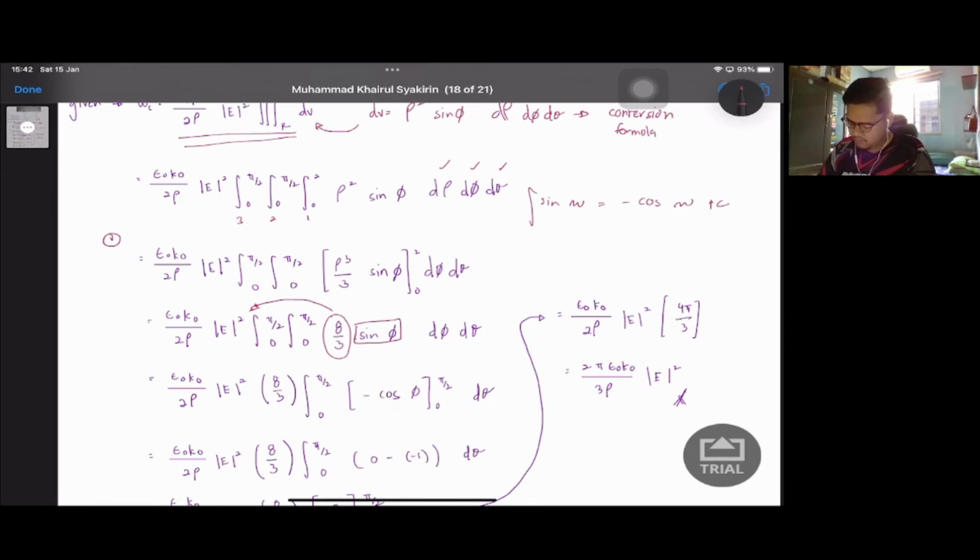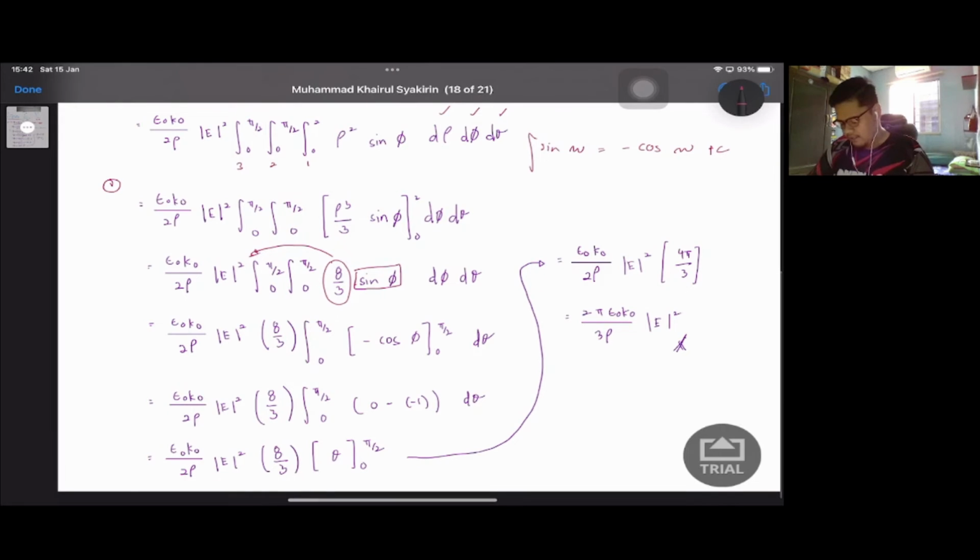So here we get negative cos and substitute from 0 to pi over 2. For cos pi over 2, we get 0, and cos 0 is equal to 1, and then we get 0 minus negative 1, which gives the value 1.